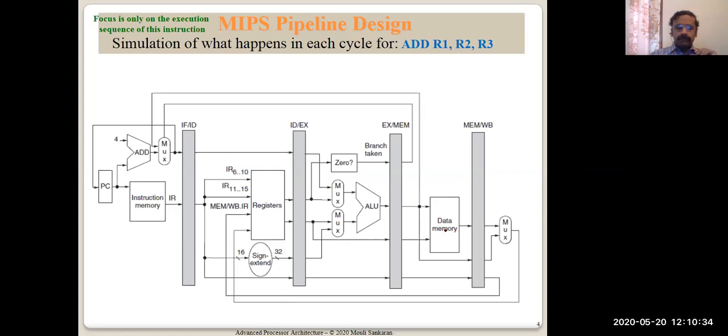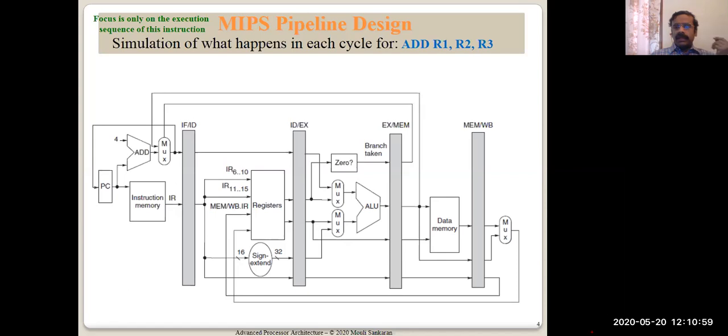Now I want to ask one question. Which is the first action happening when I say an instruction is getting executed in a pipeline? What is the first action in this whole picture? Where do you think I should start showing you the action? You can reply to me on chat.